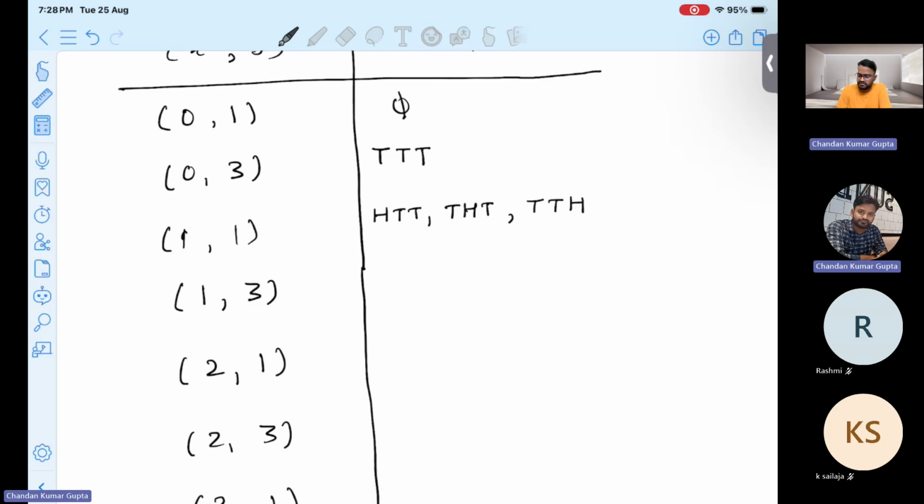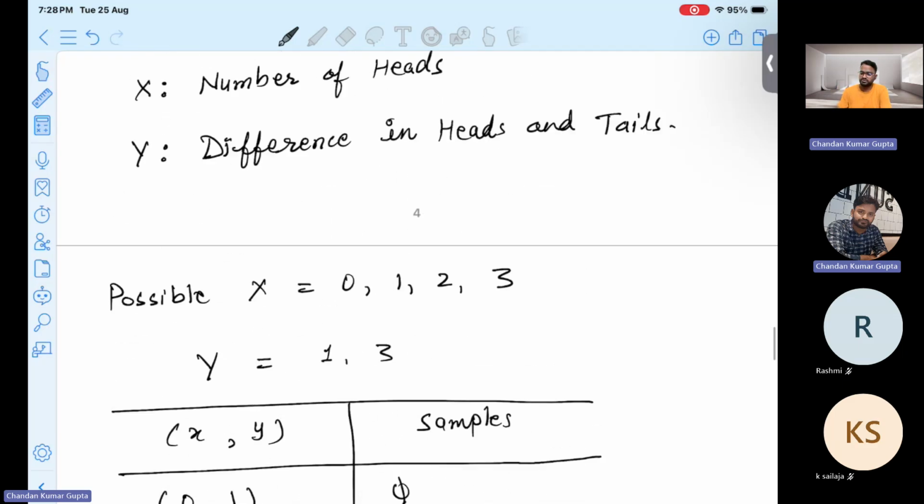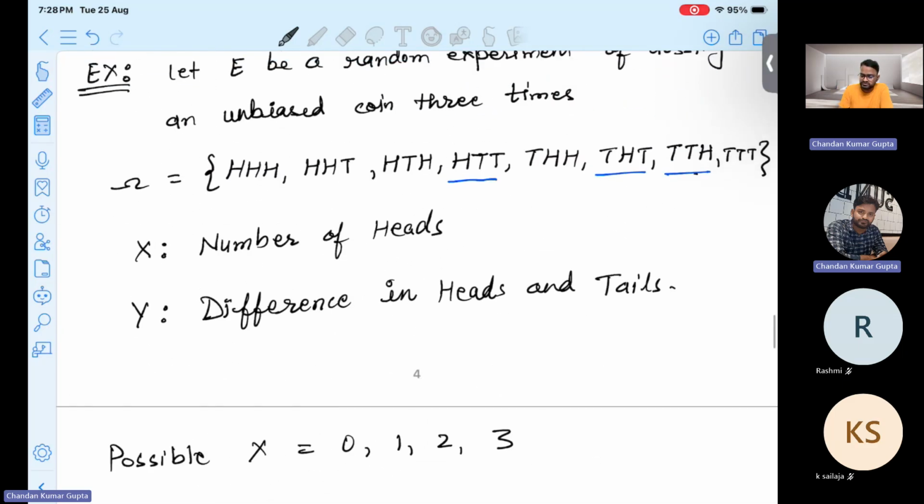There is no sample value associated with this, so it contains 0. Again, 2, 1. The number of heads is 2, so this one, this one, and this one, and the difference is 1.